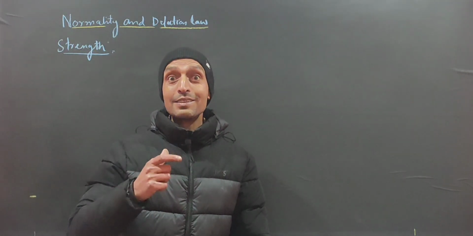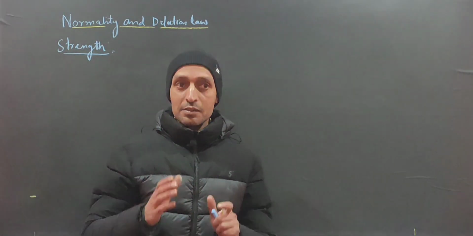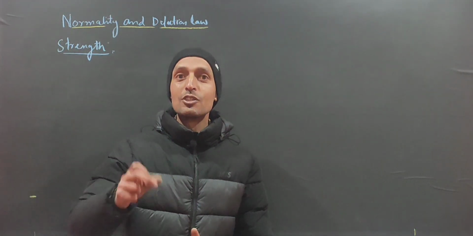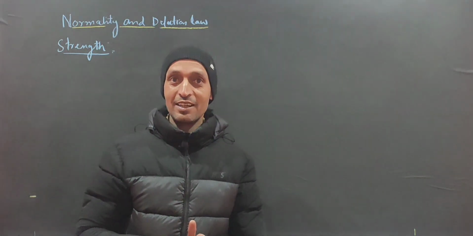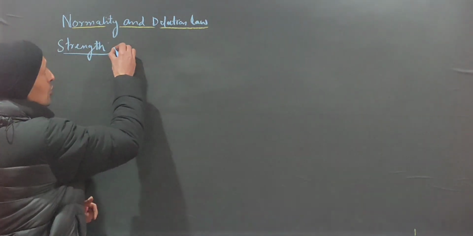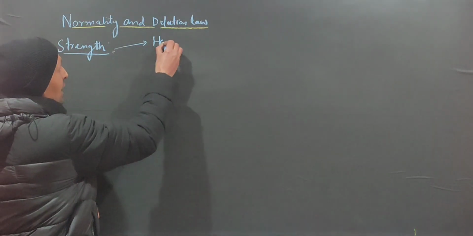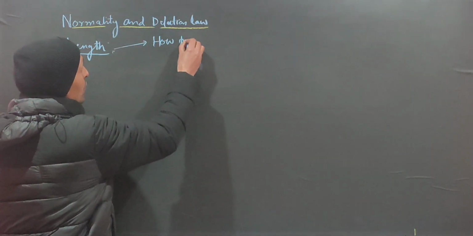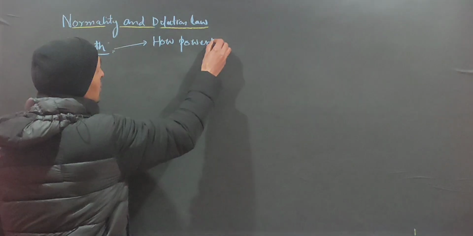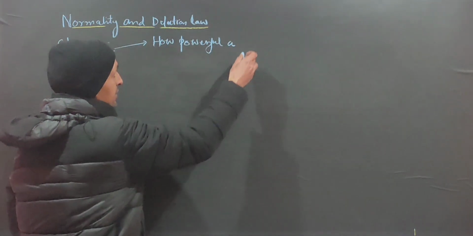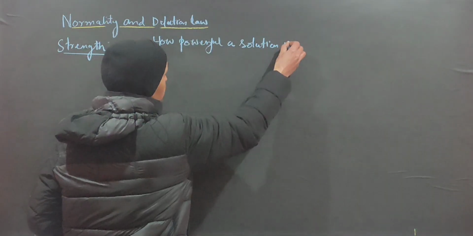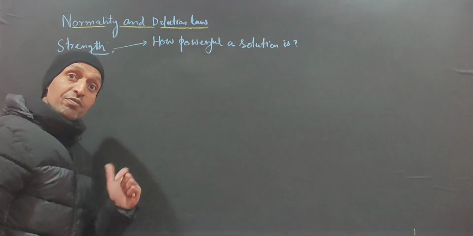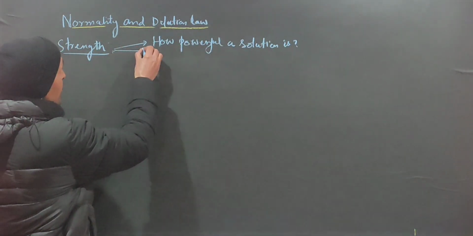Now what does this strength actually mean? Strength means how powerful a solution is, how effective a solution is, right? I can write it: how powerful a solution is, or how effective a solution is.